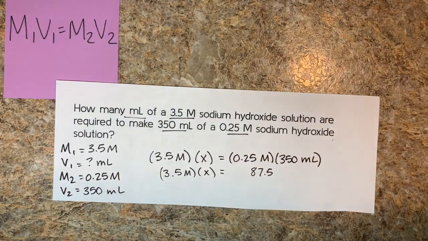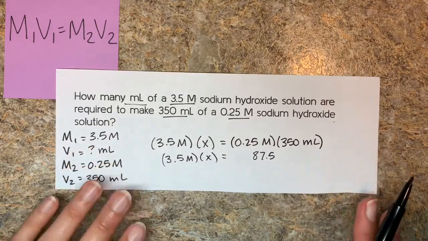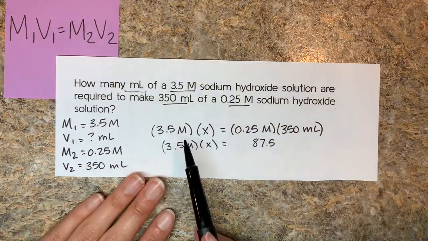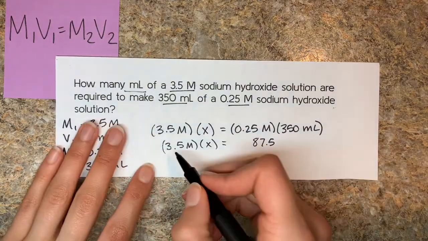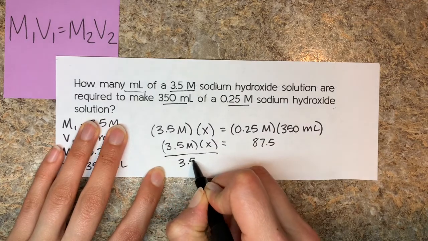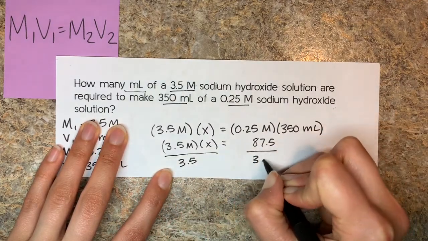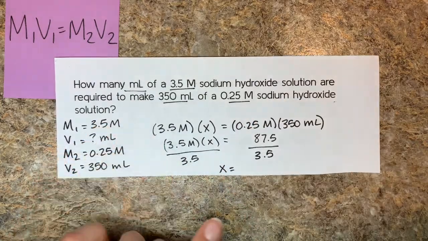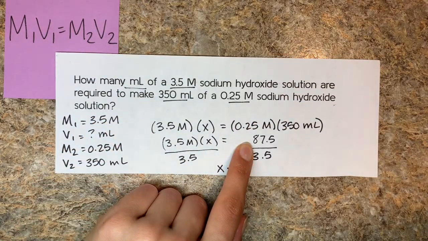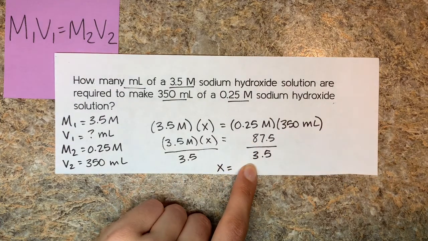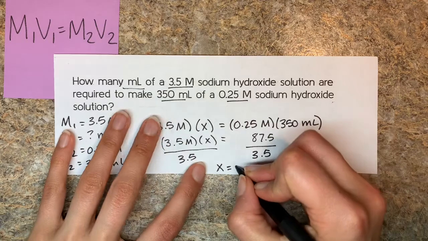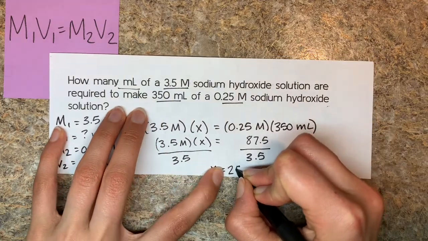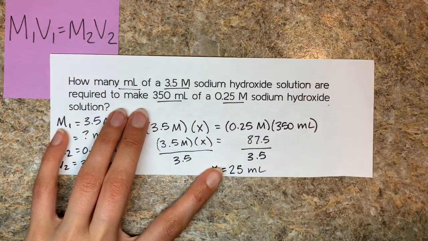To get the X all by itself, right, this is basic algebra, we are going to divide each side by 3.5 to get our X alone. So I'm going to plug in 87.5 divided by 3.5 to get an answer for X of 25 milliliters.